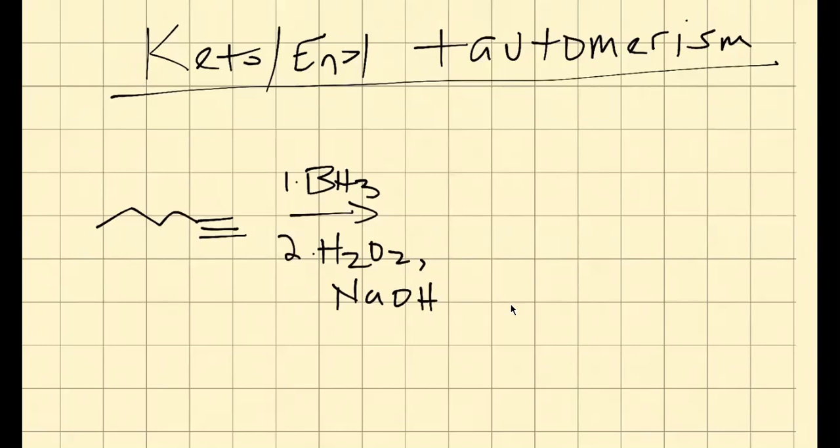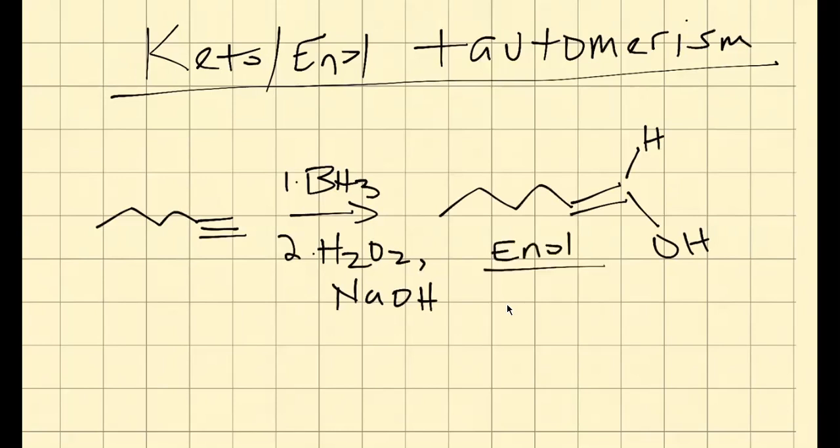All right. So if I take this alkyne and react it under hydroboration conditions, I'm going to get this, which is what we call the enol.